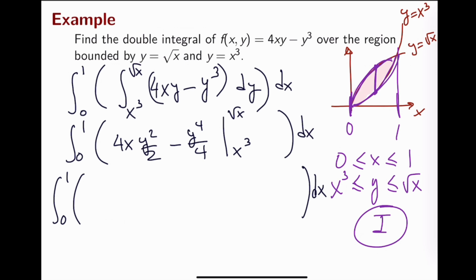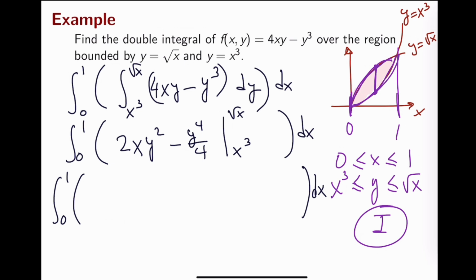And when you do the evaluation, remember that the variable was y. So we are going to be substituting only when there is a y there. So we can do a simplification here, 4 divided by 2. Okay, so now let's plug in square root of x everywhere where there was a y.